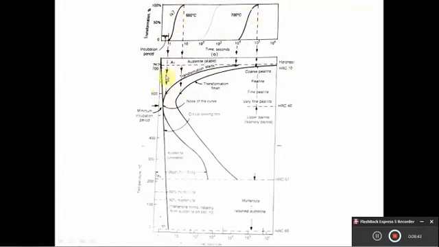So here we have projected the pearlite transformation start point here and the end point here on this 600 degrees Celsius constant temperature. Similarly for 700 degrees Celsius, the pearlite transformation start point is projected here and the end point is projected here. Similar experiments are carried out for other subcritical temperatures.